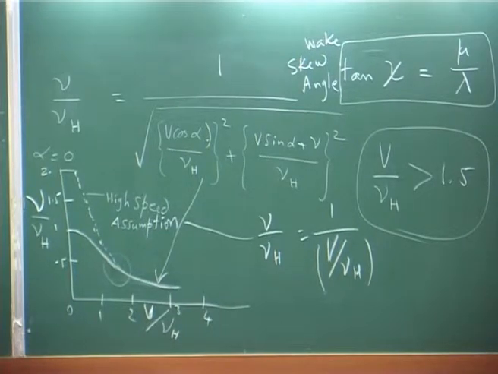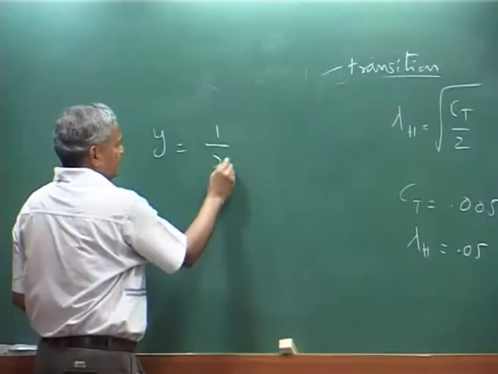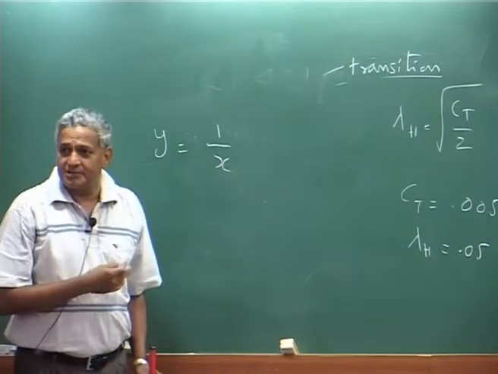Right? 1 over x curve will just go like this, right? What? But you guys have a doubt? See, I am just plotting y equals 1 over x. Okay? How will this curve be?